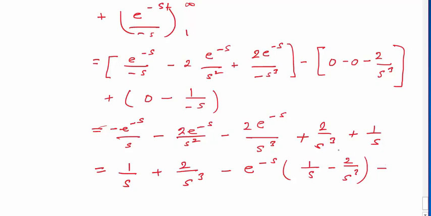Okay, three terms we can write. Everywhere this e power minus s is there, so what we can say is that 1 upon s minus, we have taken out, so plus, here it is plus 2 upon s square and plus 2 upon s cube.